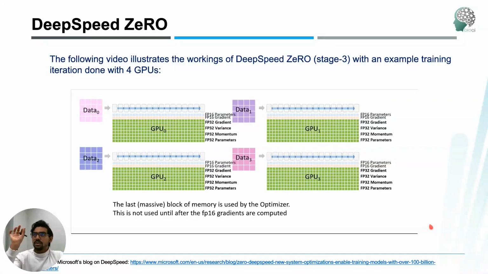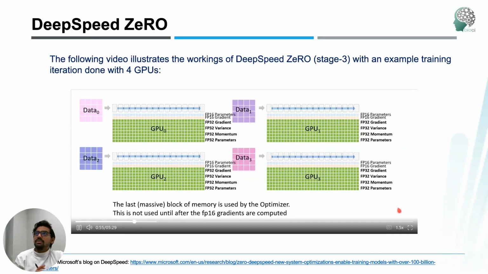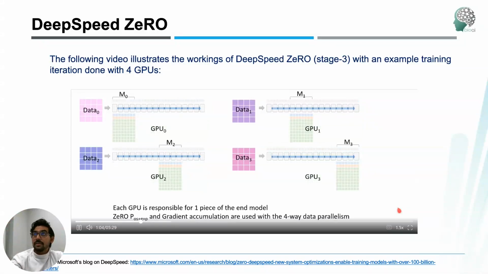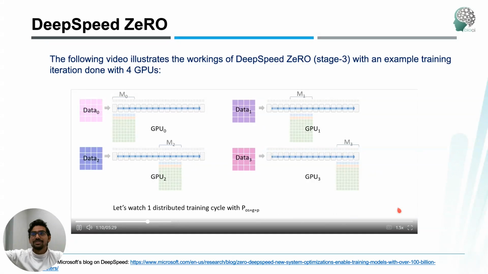The next row is for gradients. So gradients will basically store the back propagated gradients of any training iteration, and then the rest of the memory is being occupied for optimizer calculation. So you can already see how much memory you are actually saving by offloading the optimizer computation to CPU.